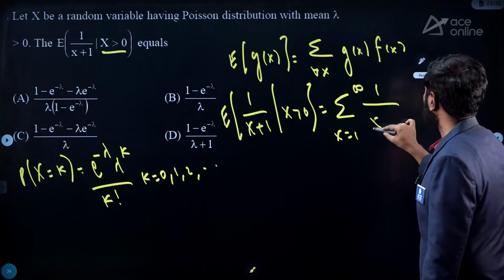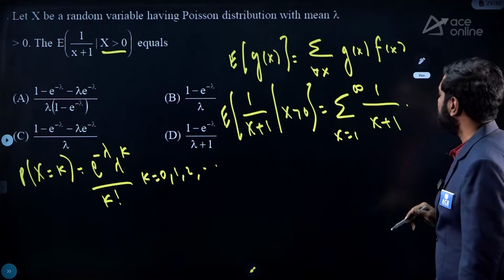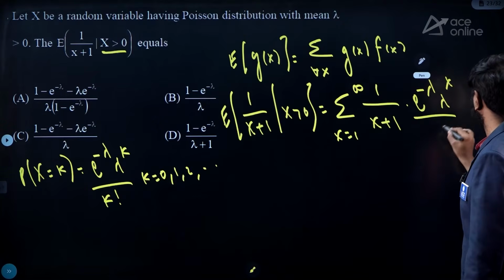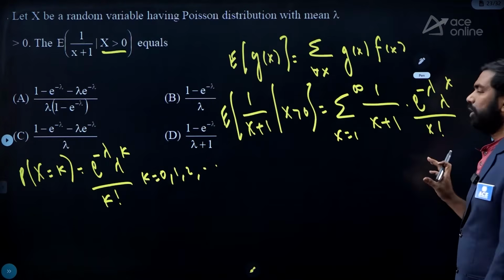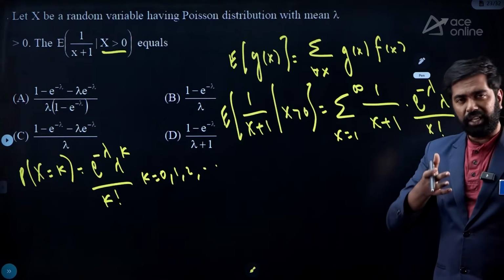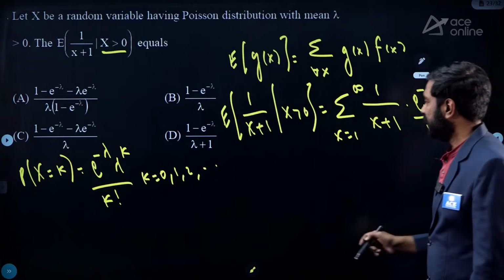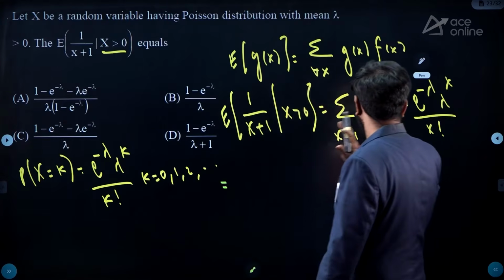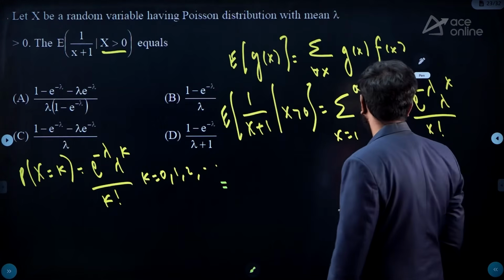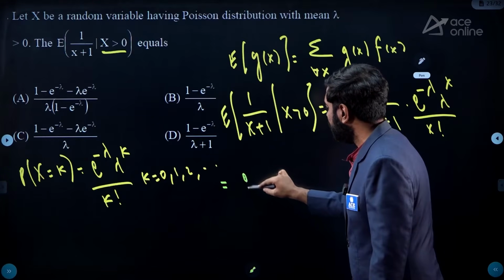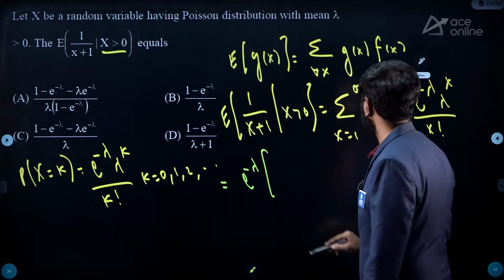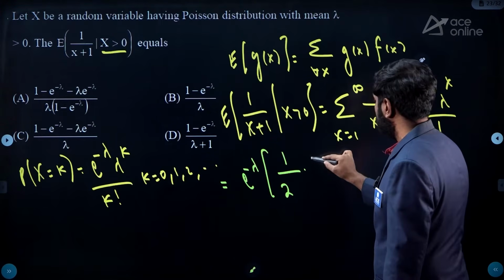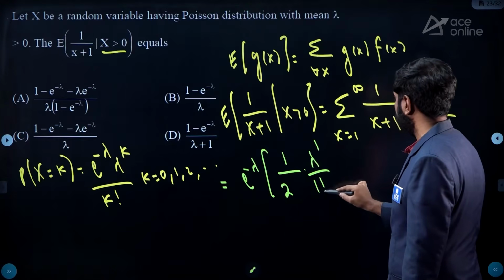It is 1 by x plus 1, and the probability mass function is e power minus lambda, lambda power x by x factorial. Now you substitute various values of x and then expand the summation, and see what would be the final answer. So this needs some skill here. So substitute these values in a proper way. Firstly, I can take e power minus lambda common. When I put x as 1, it is 1 by 2 into lambda power 1 by 1 factorial.